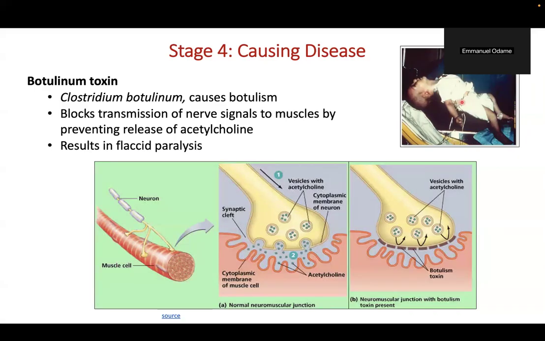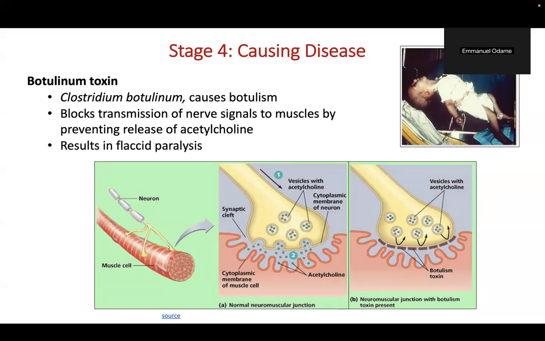So, in relation to the release of toxins, bacteria can also cause a third one, which we call botulinum toxin. An example is the Clostridium botulinum toxin, which basically causes botulism. What the toxin does is that it goes and just blocks the transmission of nerve signals to the muscles, and so we prevent the release of acetylcholine.